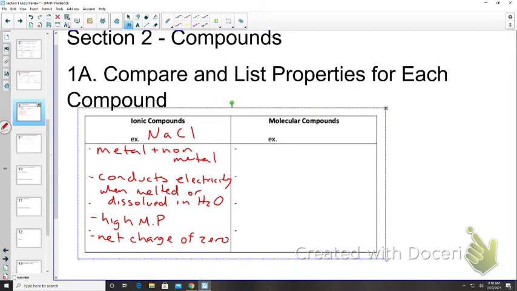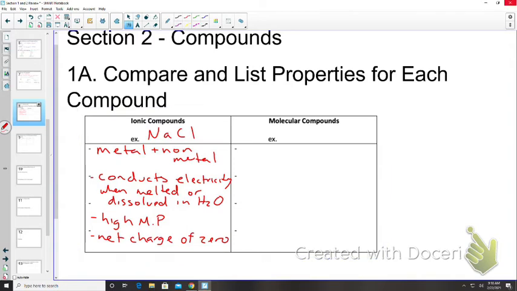Okay, so you guys should be able to know this at a minimum if I ask you to compare the differences between ionic and molecular. Okay, so ionic compounds: metal and a non-metal, it conducts electricity when melted or if it's dissolved in water, has a high melting point, and has a net charge of 0.